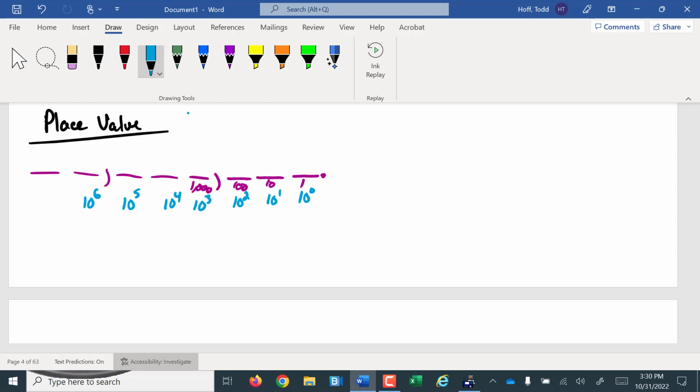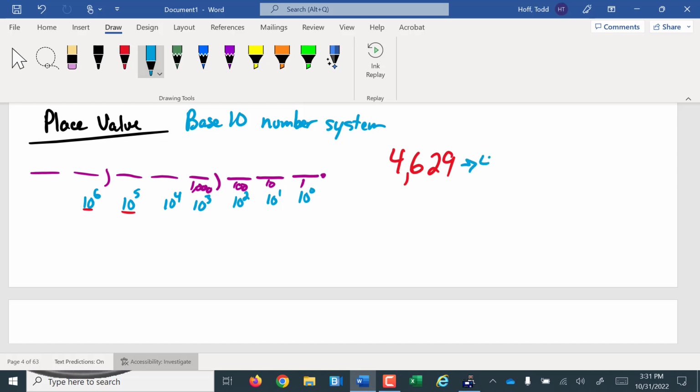We have what is called a base 10 number system because the place values are exponents with bases of 10. The base of each of those exponents is 10. We've looked at taking a number like 4,629 and writing it out in that full form.